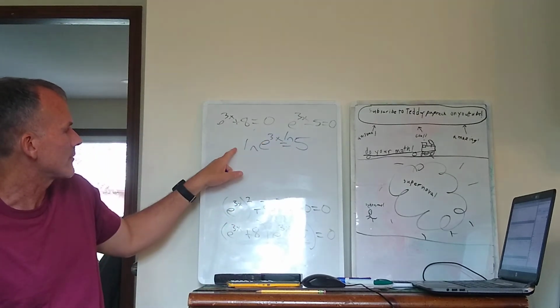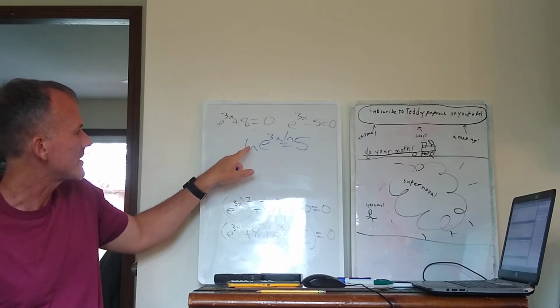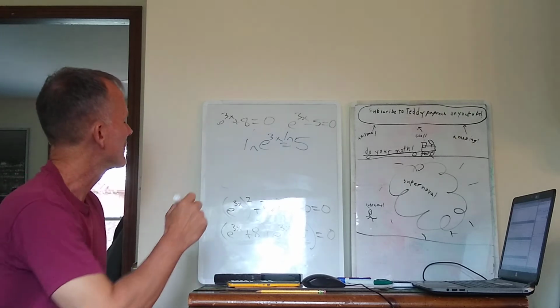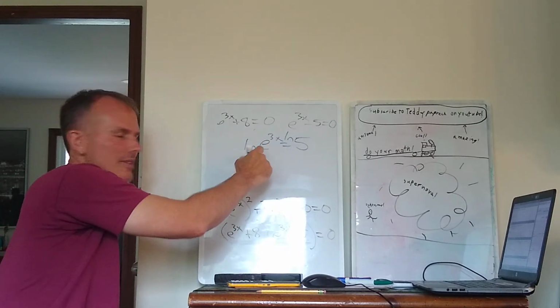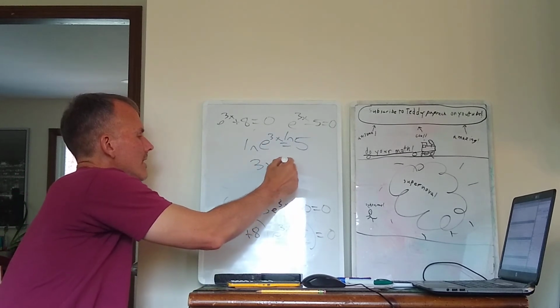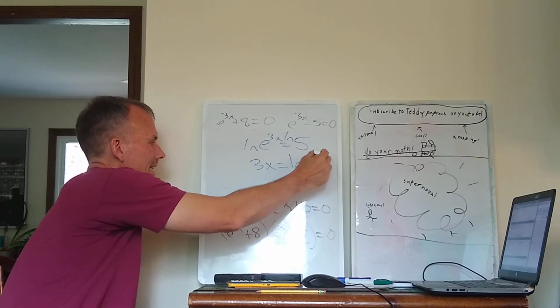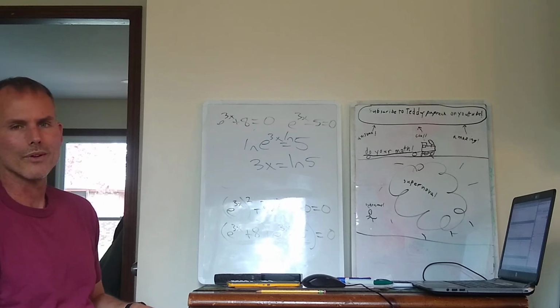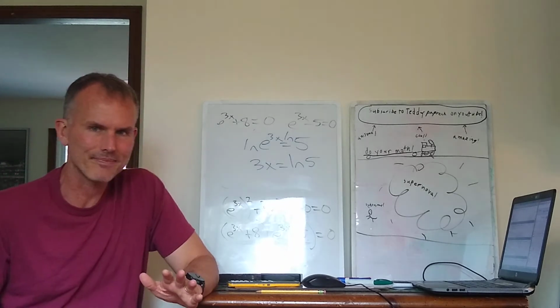The 3x comes out in front using the third law of logarithms, and then natural log of e is 1. So the only part of the expression that remains on the left-hand side is just 3x, and over here I'll have natural log 5. If you then divide by 3 on both sides, you will have the exact answer.